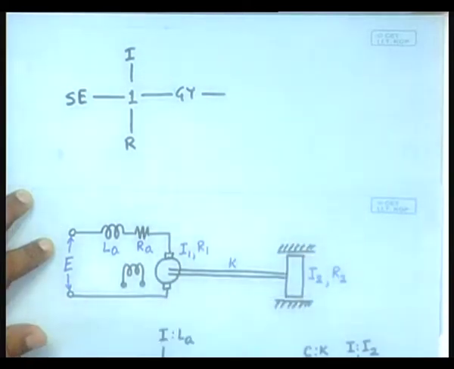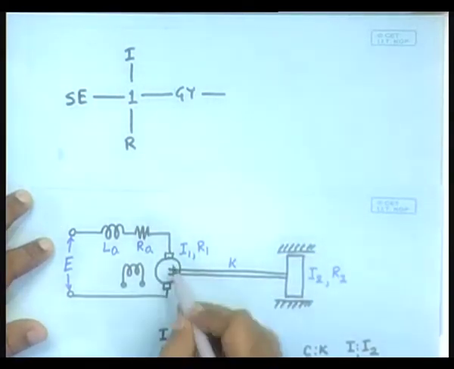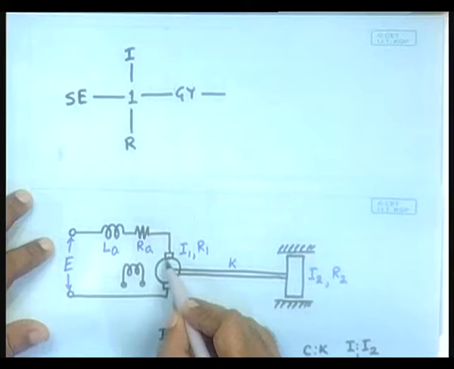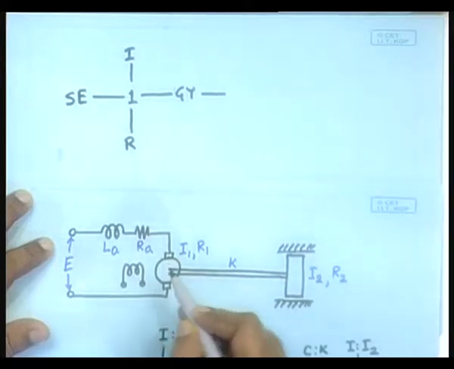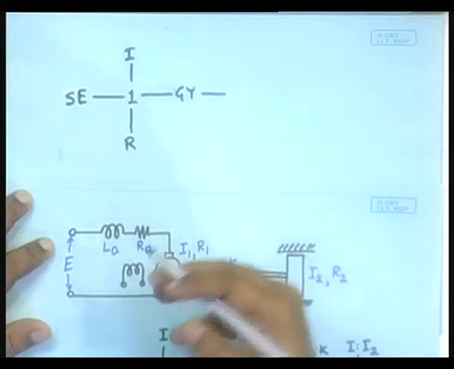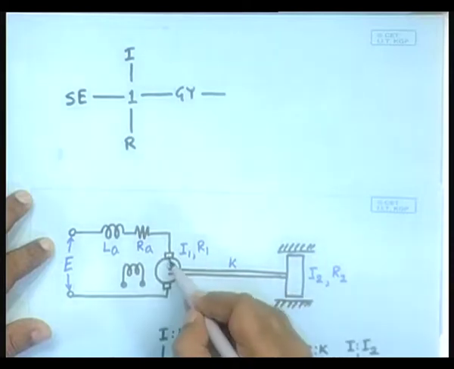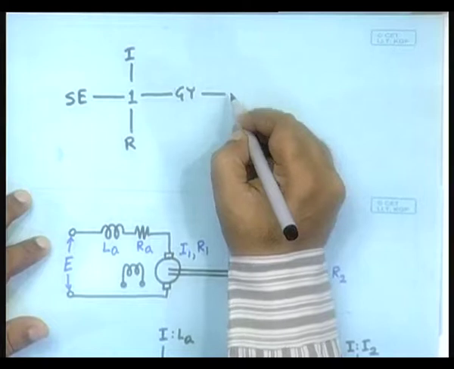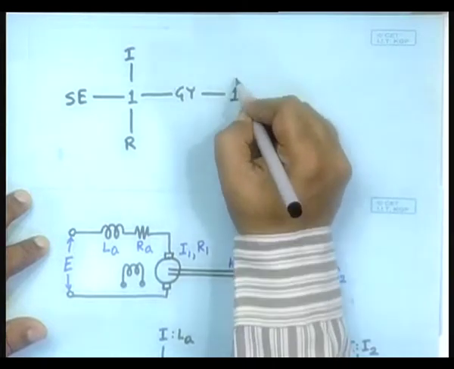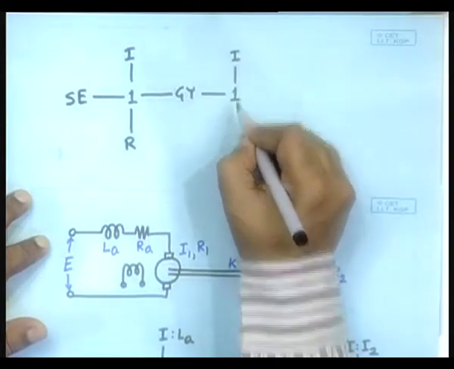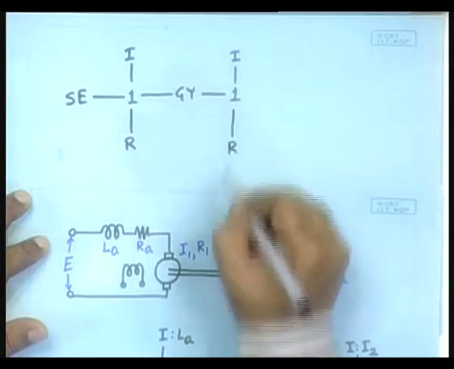So far so good, is fine. But after that we have this first. After that it is connected to that. After it is converted into torque, the torque is applied first on the I1 element. So, there has to be a one junction connected to an I and connected to another R, these two.